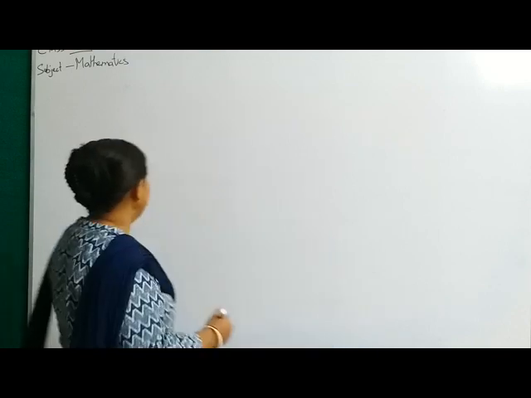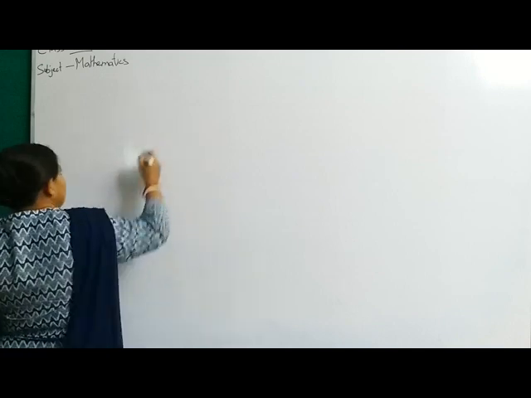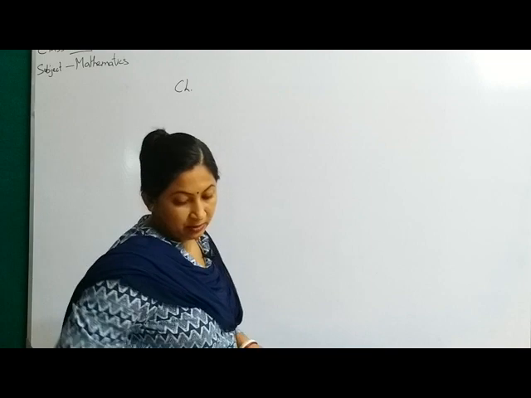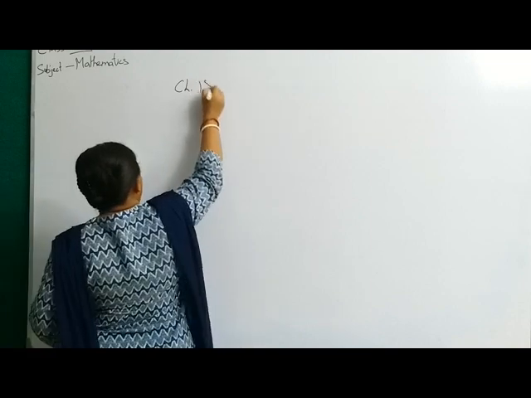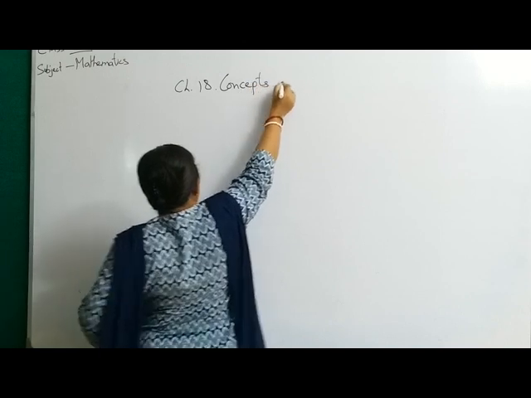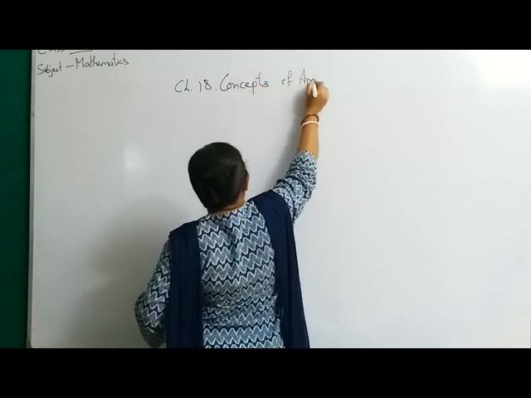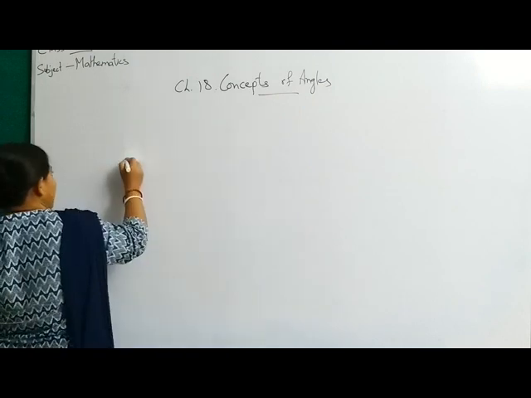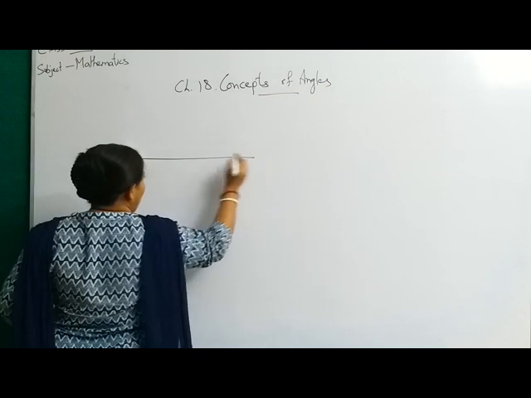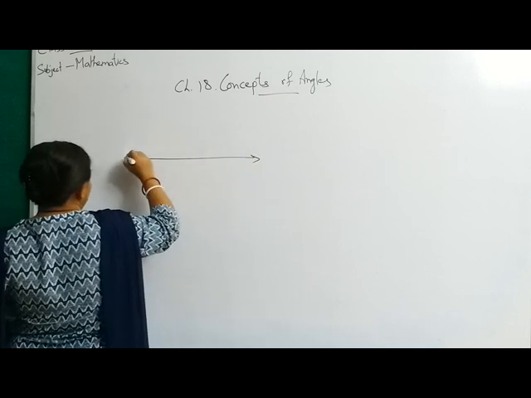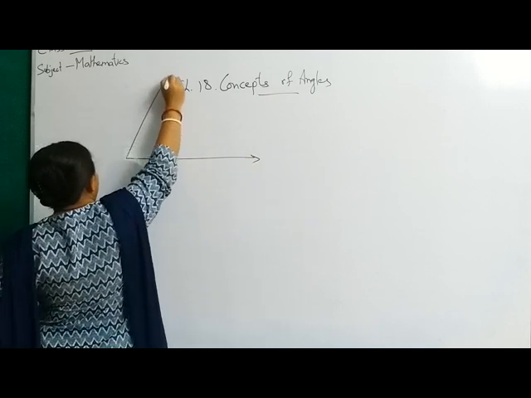Suppose I am drawing, this is chapter number 18, concept of angles. Now suppose I am drawing one ray this side and one ray like this.